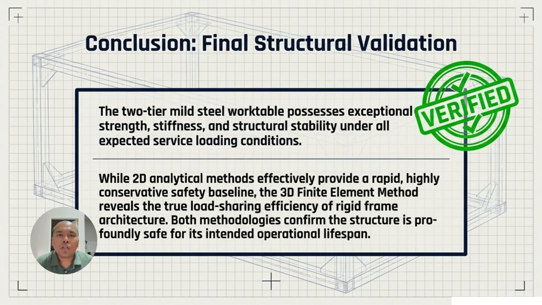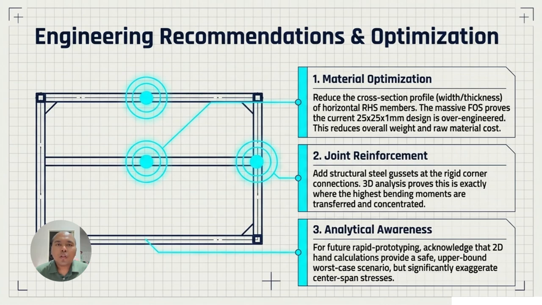Therefore, the structure possesses adequate strength, stiffness, and stability under the specified loading conditions. For future work, experimental testing is recommended to validate the analytical and finite element results. Additional loading scenarios and more detailed modeling can also be considered to improve the accuracy of the analysis.